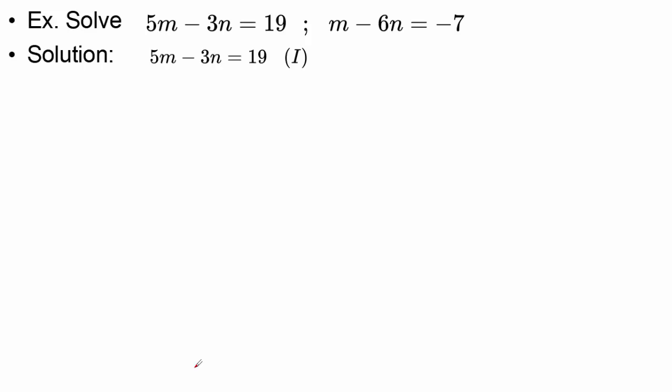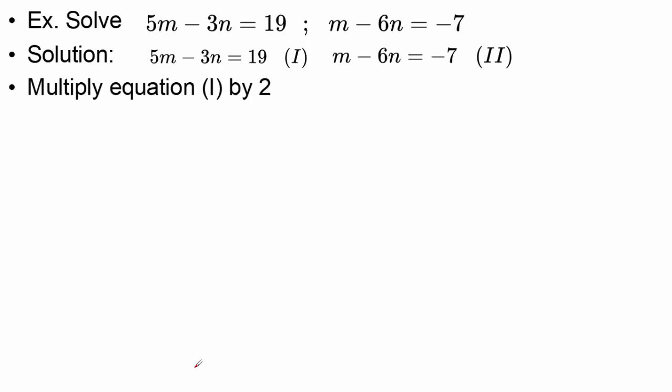Next problem, solve 5m minus 3n equal to 19 and m minus 6n equal to minus 7. We shall number the equations. 5m minus 3n equal to 19 is the first equation, m minus 6n equal to minus 7 is the second equation. Multiply equation 1 by 2. Why?